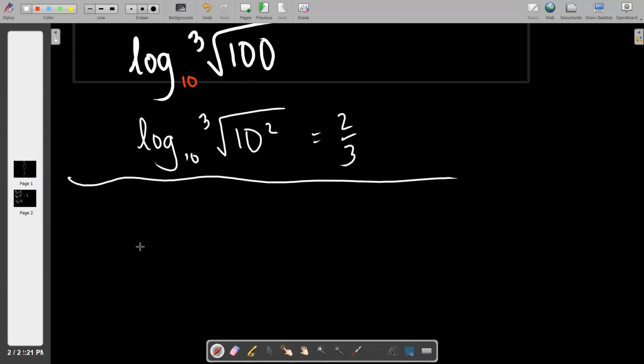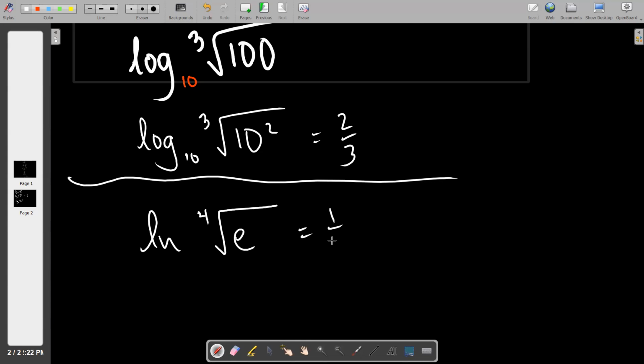How about this one? The natural log of the 4th root of e. What? It is 1/4. Very good.